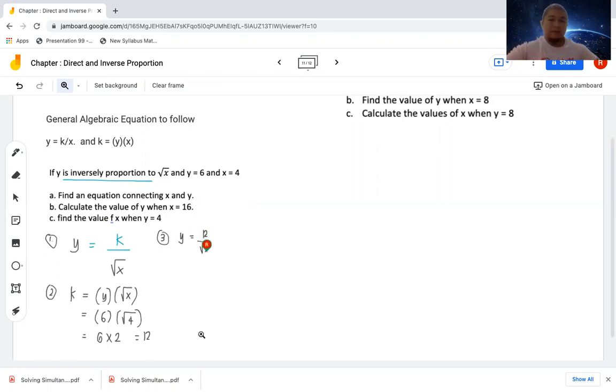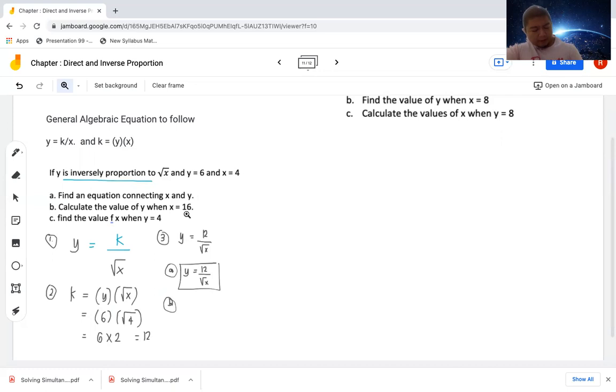So you now have these three processes, and all you need to do now is to answer A, B, and C. Since A is asking for the equation connecting y and x, all you need to do is write down whatever we got from the third step. The next portion tells us to calculate the value of y when x is 16.